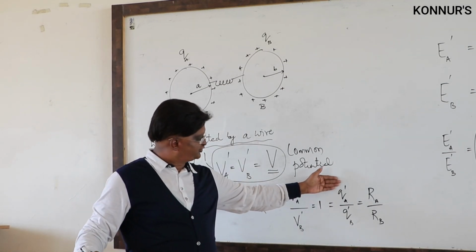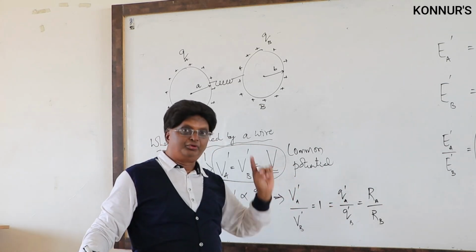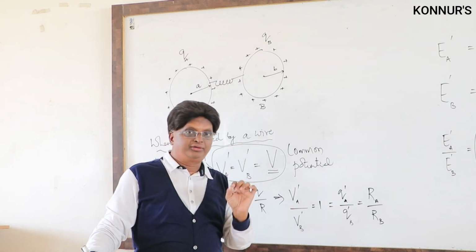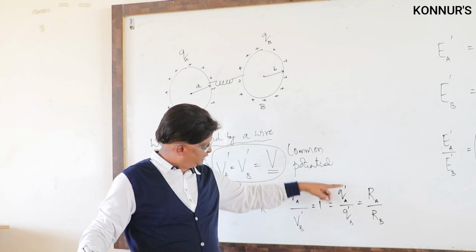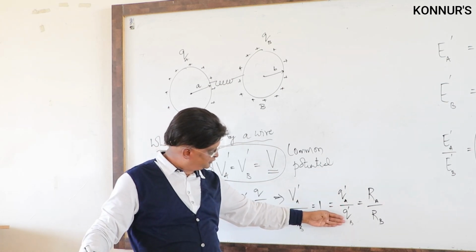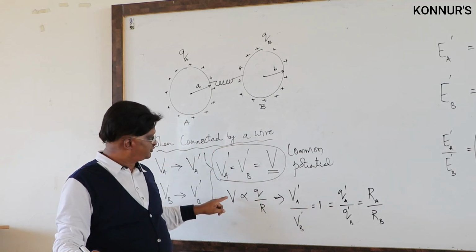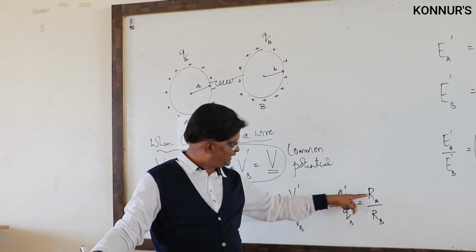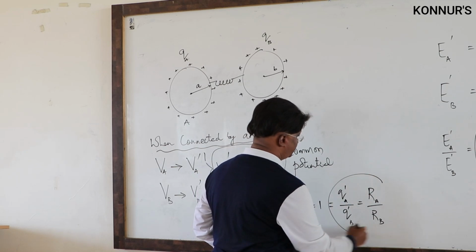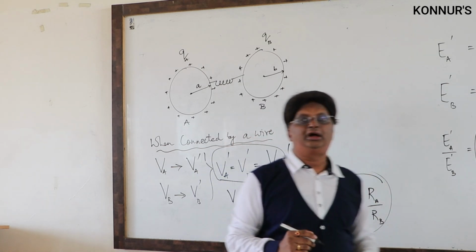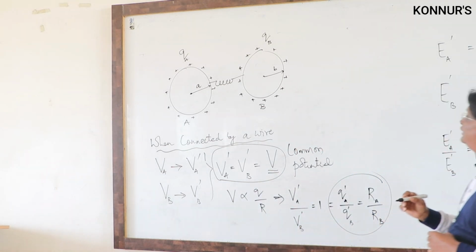QA dash, the new charge on A, by QB dash, the new charge on B. Potential is changed, and even the charge on the shells becomes different. Since the potential is the same, Q is proportional to R, so QA dash by QB dash is RA by RB. One relation you got. Remember this relation. Now, the question asked is, what is the ratio of intensities after they are connected by a wire?